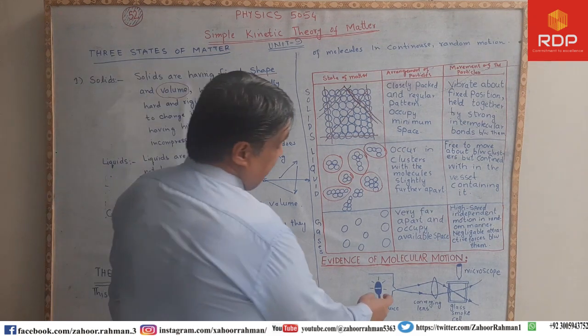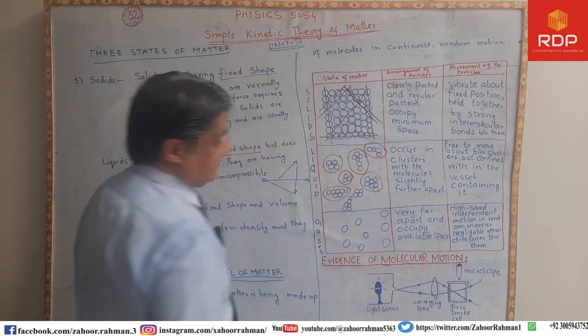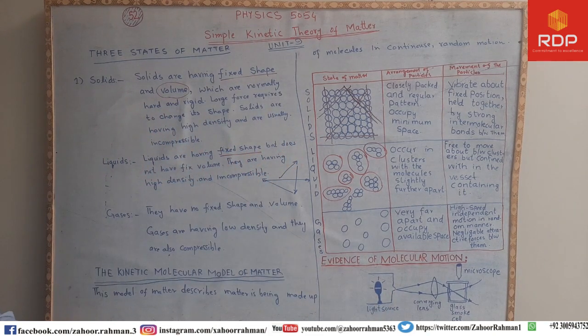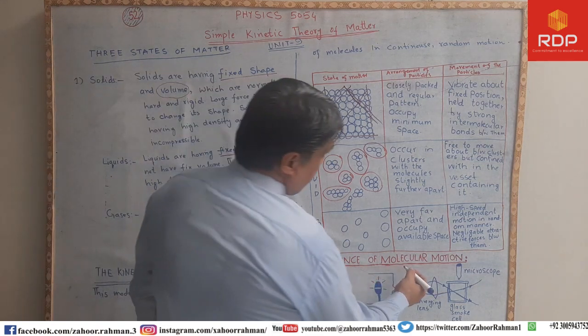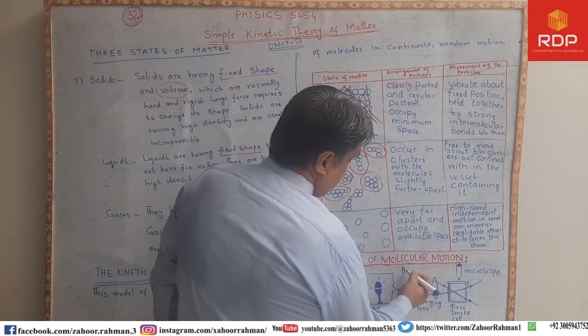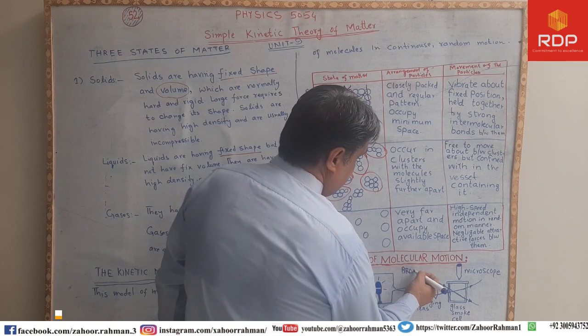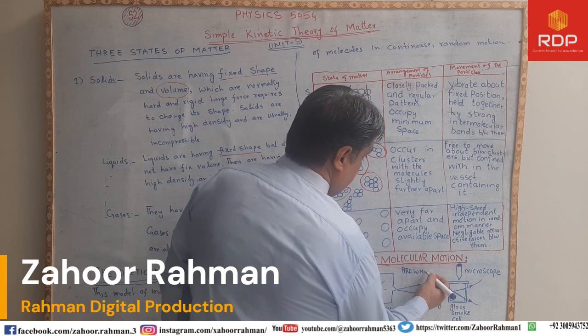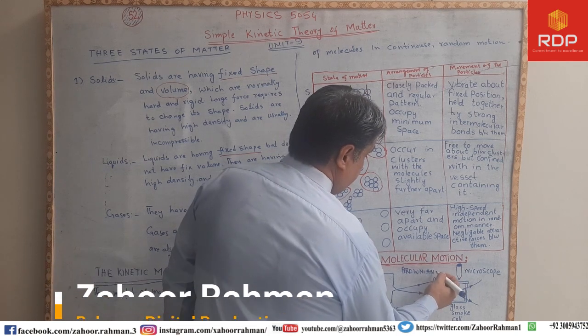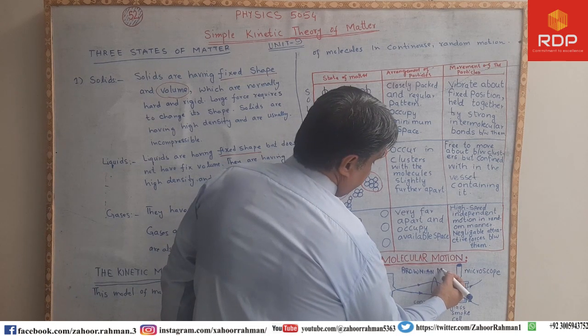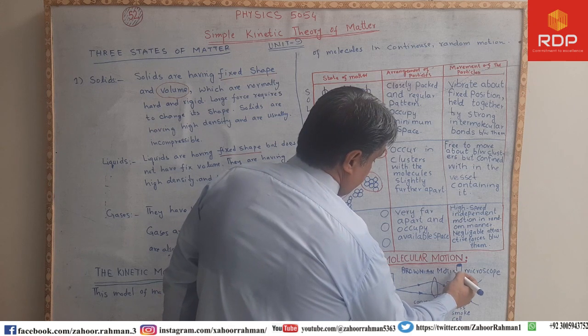There was a light source in his experiment, and through this experiment, he was able to see the motion of molecules, and that is called Brownian motion.